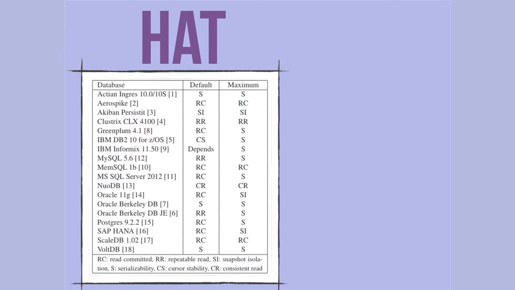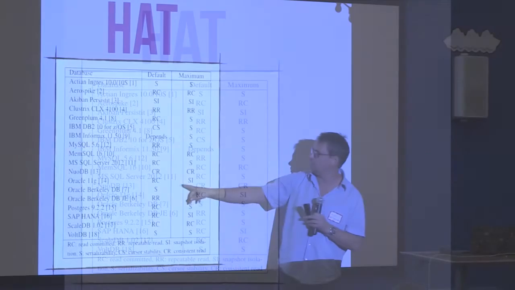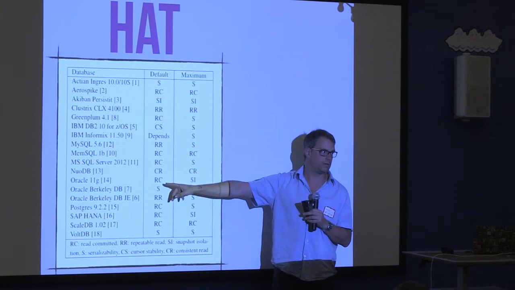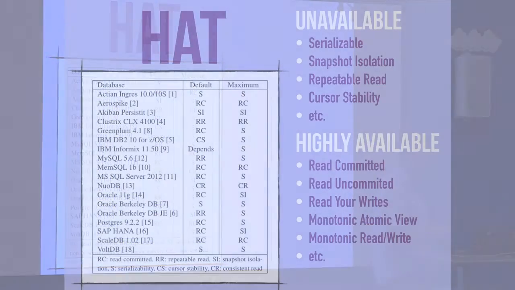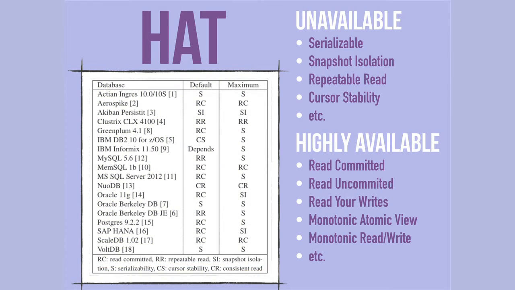The question they ask is, what transaction semantics can be provided with high availability? And this is from the paper, where they list the different guarantees. For example, Oracle doesn't give you serializability. The best you can get is read committed. And the interesting thing is that read committed is actually possible to implement in a fully highly available fashion.